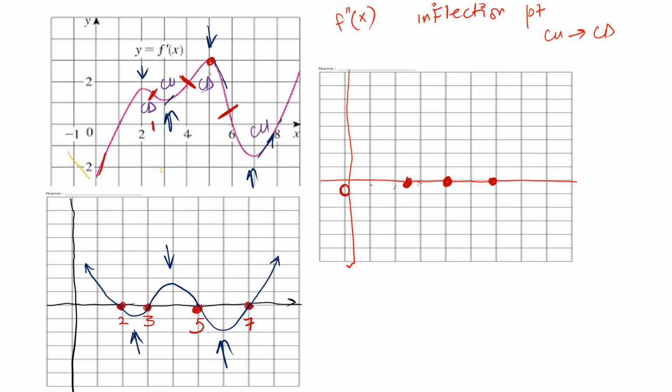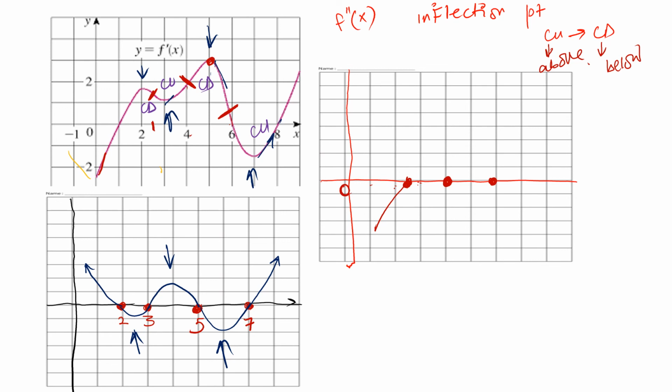Okay, so where it is concave down, I should draw below the x-axis, and where it is concave up, I should draw above the x-axis. The function is concave down till 2.5, so it should be below the x-axis.